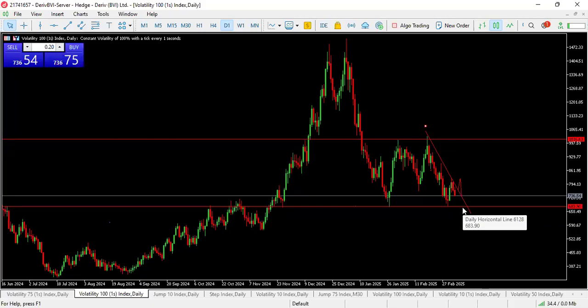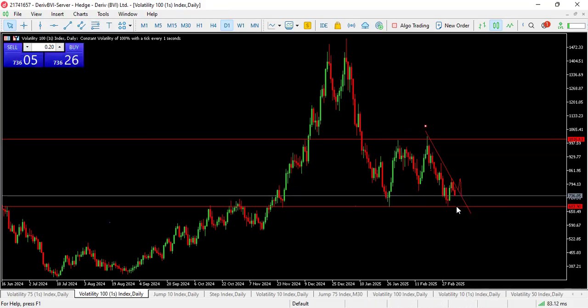But to be on the safer side, it's good to allow it to break this trend line and retest so that your buys can be safer. Buying here pays sometimes, but it can give you a weak, long wick. Price behaves as if it's going to the upside, but just fakes out and then comes down.